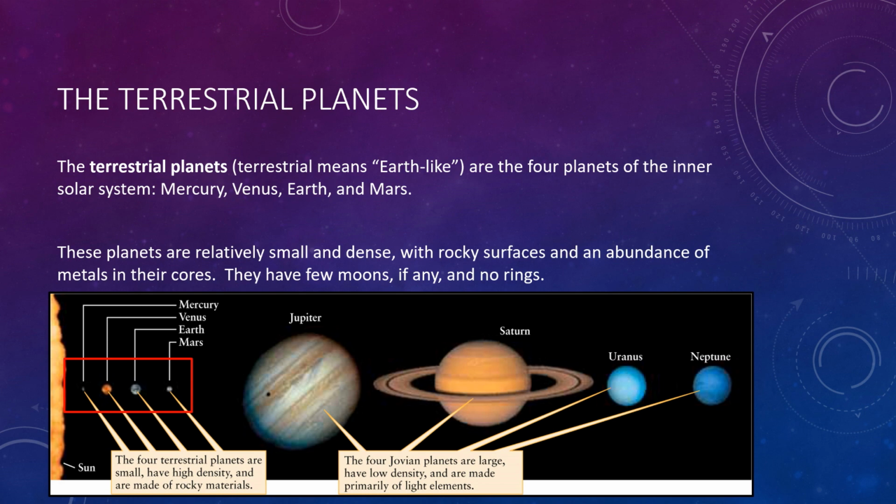These planets are relatively small and dense, with rocky surfaces and an abundance of metals in their cores. They have few moons, if any, and no rings. Their orbits are crowded in close to the Sun. We count our moon as a 5th terrestrial world, because its history has been shaped by the same processes that have shaped the terrestrial planets.